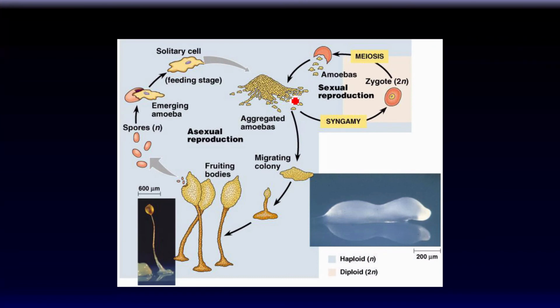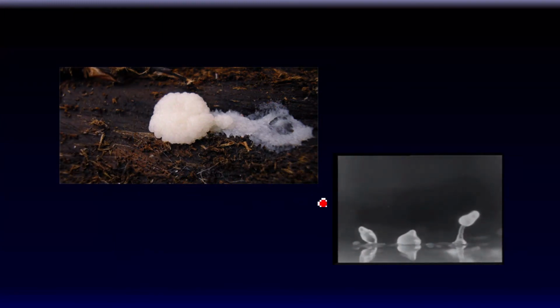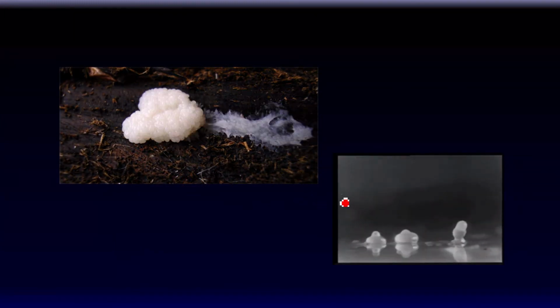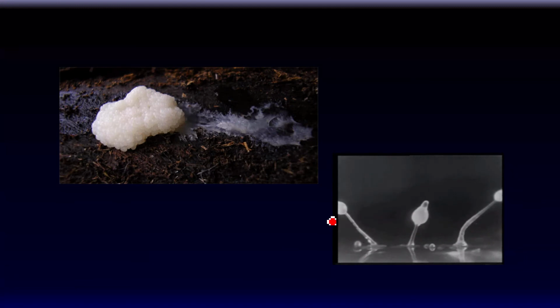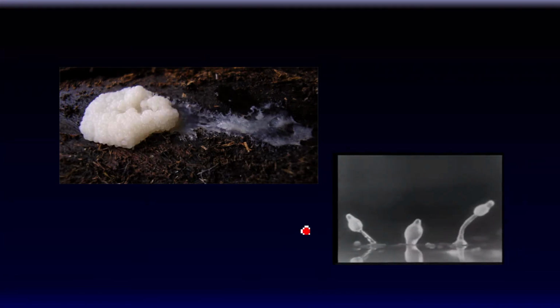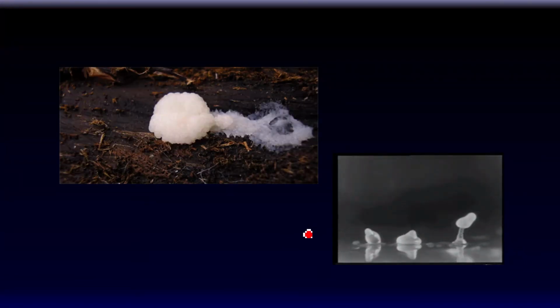So when they form like this, they form a big giant blob of cells that move cohesively as one migratory colony, just like the Plasmodial slime mold. And they also form fruiting bodies, just like the Plasmodial slime mold. In that sense, they are very, very similar. So here are some pictures of the slime mold. You see the thing moves over there, and these are the fruiting body formation from this particular organism.